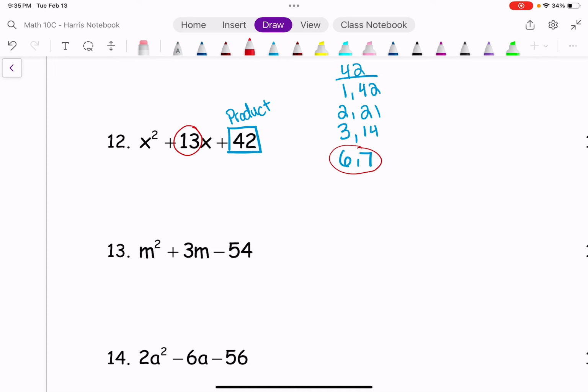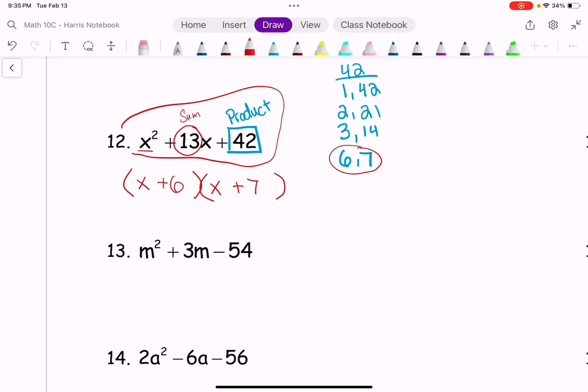That means I'm going to split up my brackets, and x times x gives me x squared, and both of these are positive, so plus 6 plus 7. When I multiply and expand this out, I'm going to get this piece here. So these are my factors.